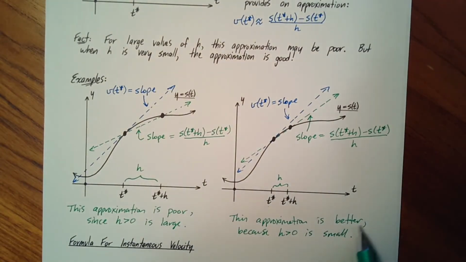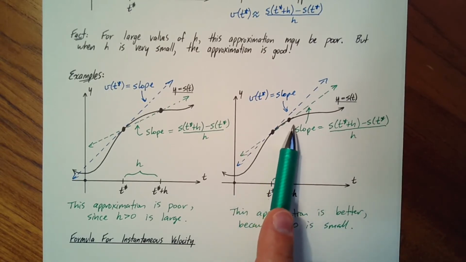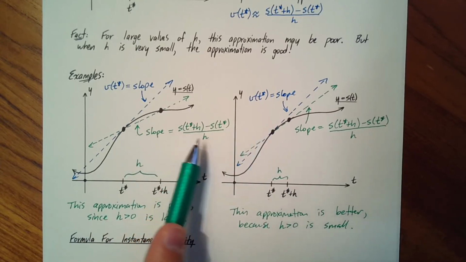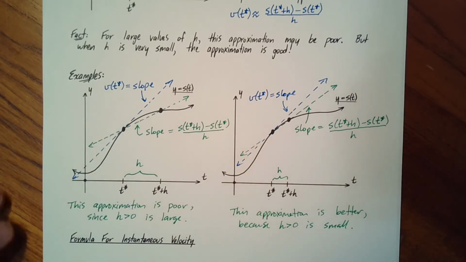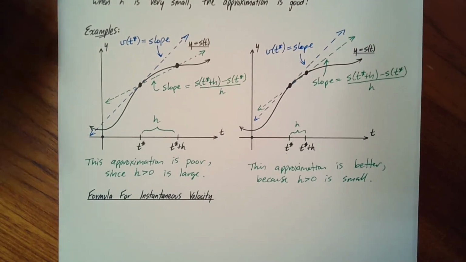Okay, and notice I used the word better because I didn't want to go as far as to say that this approximation is actually good, because that's a subjective thing to say. But one thing we can definitely say objectively is that this approximation for the instantaneous velocity is better than this approximation. Okay, so finally you should ask yourself the following question.